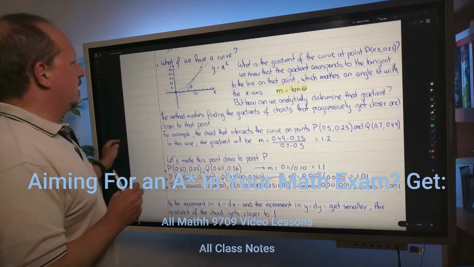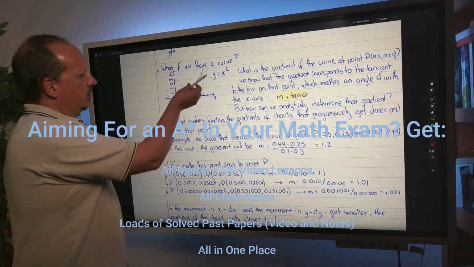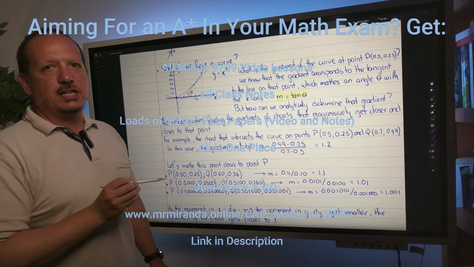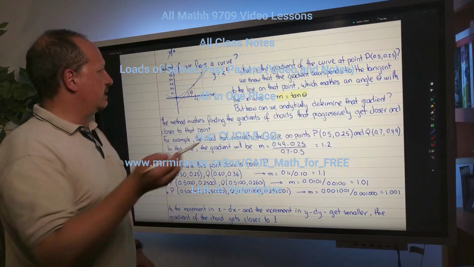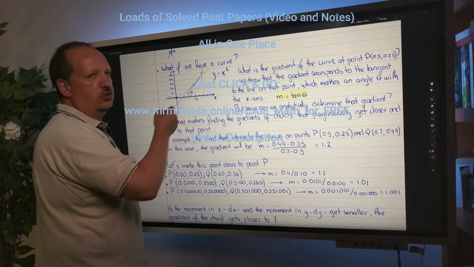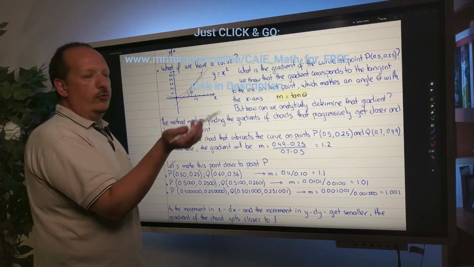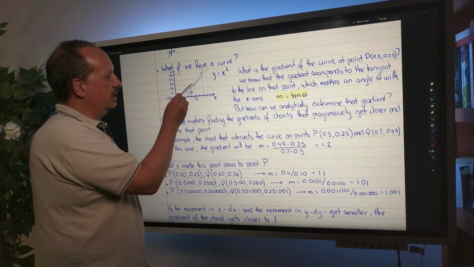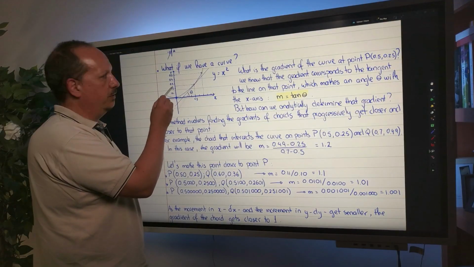What is the main concept behind this? If we want the gradient on this point, we can start by getting a chord, and you know what a chord is? It's a straight line that cuts the curve in two different points, one of which is passing over the point that you are looking at and studying, in this case, 0.5, 0.25.